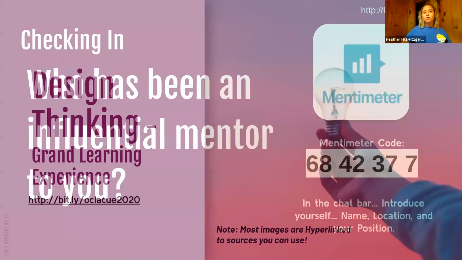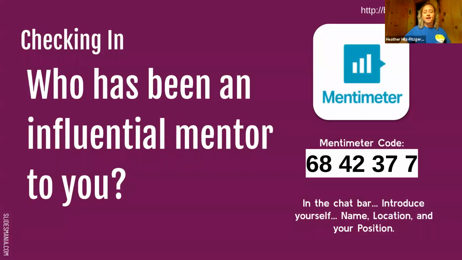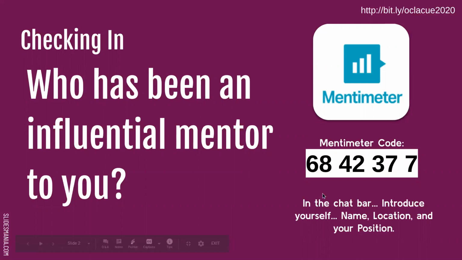Before we get started, it's always nice to do an icebreaker or a check-in. First off, in the chat bar, introduce yourselves: your name, your location, and your position. There's also an opportunity for you to partake in a Mentimeter. Go into another tab and Google Mentimeter, and then include this code.